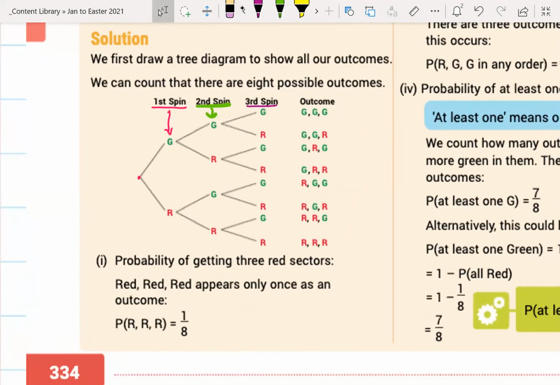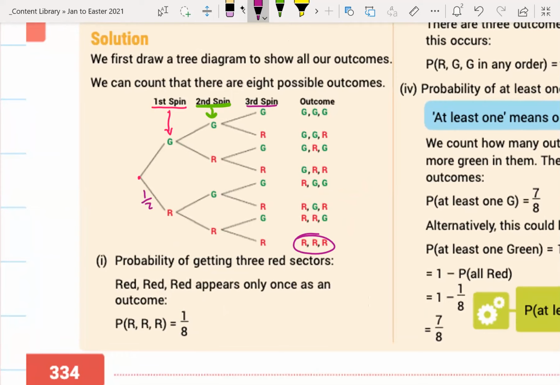What's the probability of getting 3 red sectors? 3 red sectors. So red, red, red. There's only 1 out of a total of 8. So 1 over 8. Another way to do that is the probability of getting a red here. So red, red, red. The probability of getting red is a half, because it's only a green or red.